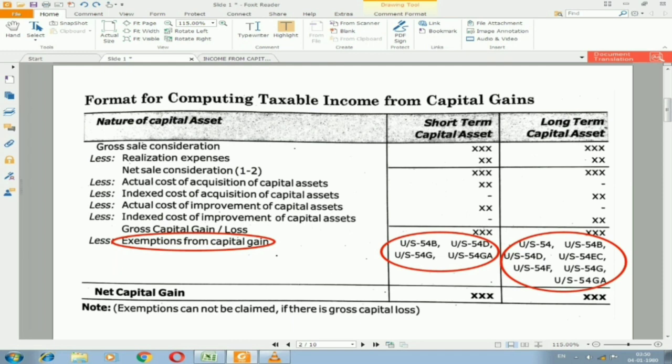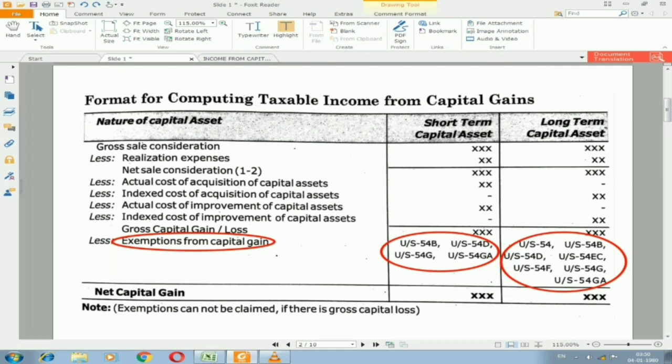While keeping that income, certain assessees may keep it idle. That is the reason the government gives an opportunity to invest that amount. If they make a new investment after selling that asset, that investment may get an exemption.